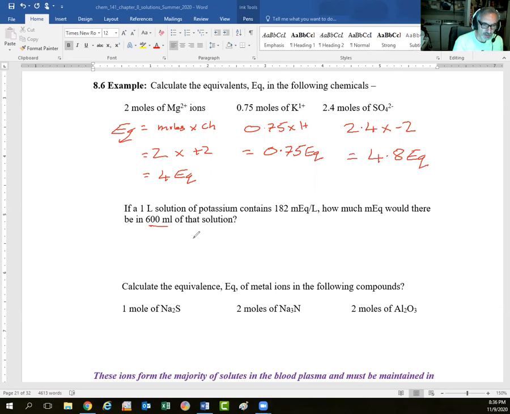So we've got 182 milliequivalents for an entire solution. That's in 1 liter. We've got 1,000 milliliters to make a liter.